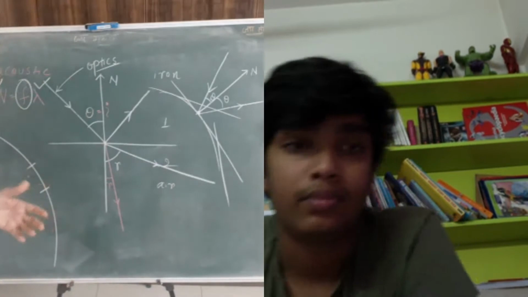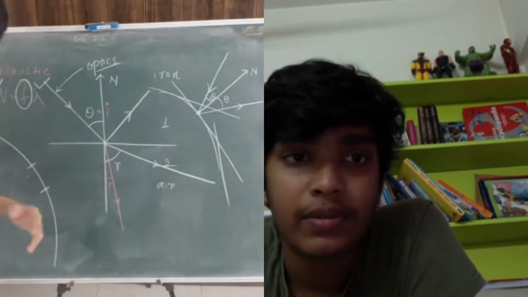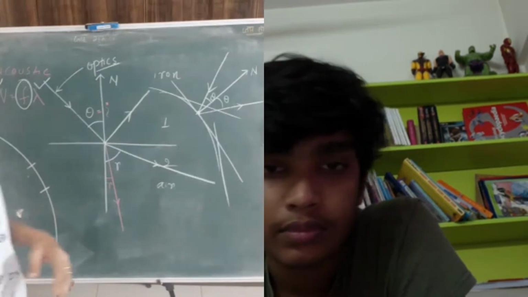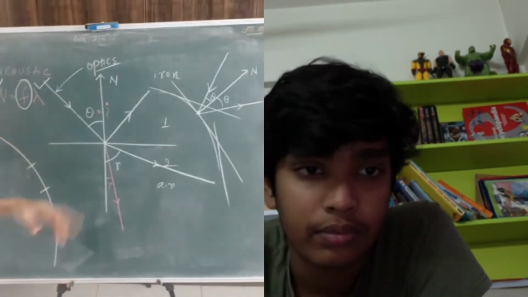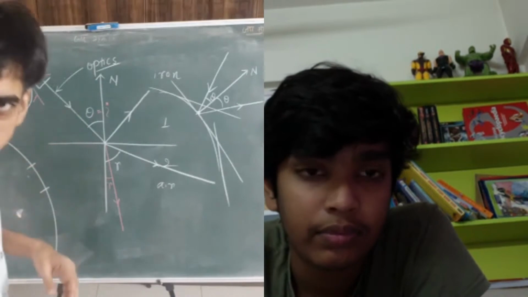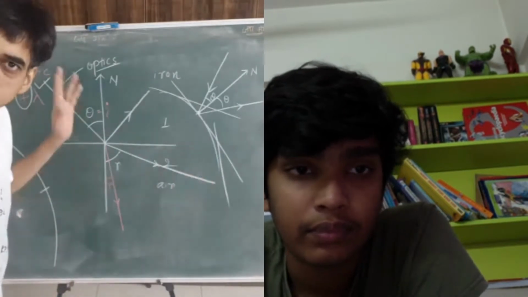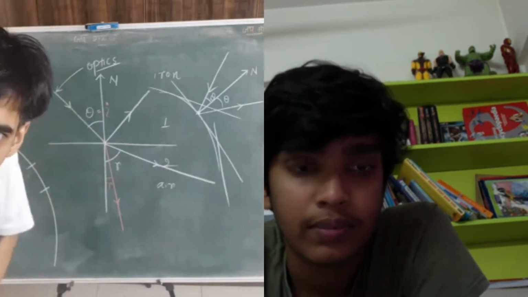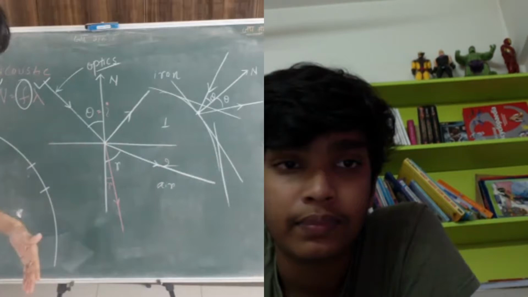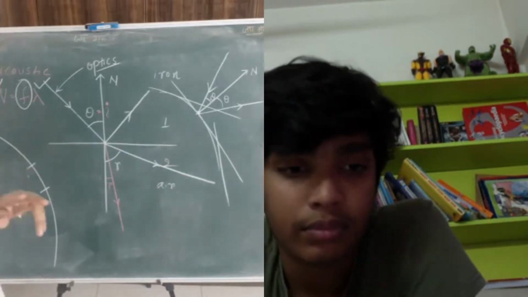But what will happen to the speed of sound? Decrease. So what should be the nature? It should be the reverse of what light did, correct? If light is moving away, which it will, then the sound or acoustic wave should move towards the normal, correct? Am I clear on this? Very good.